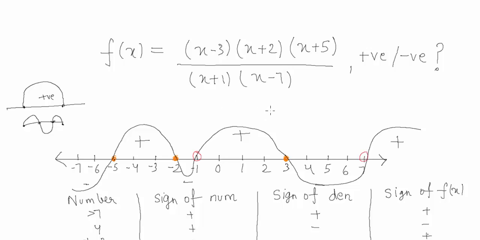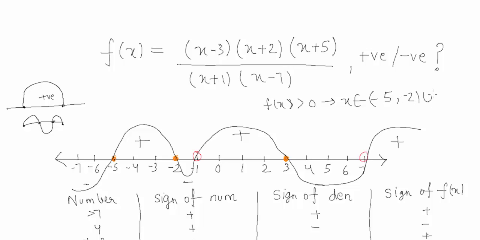So if I want to write all those intervals in which the function f of x is positive, x belongs to, well, you can just see -5 to -2, and with round brackets, because remember we are not including -5 and -2.